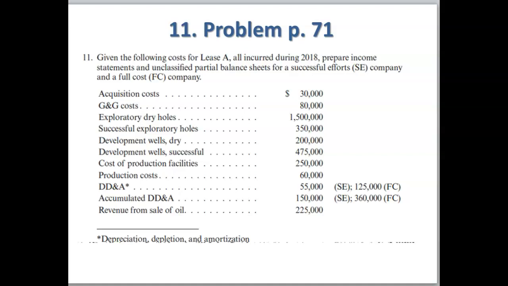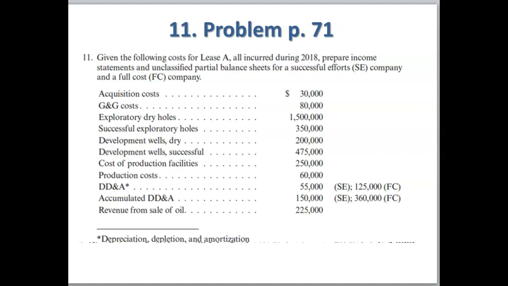You can see we have our listing of expenditures: acquisition costs, G&G costs, exploratory dry holes, successful exploratory wells, developmental wells that are dry, developmental wells that are successful, cost of production facilities, production costs, and our DD&A amounts. You can see they're different between the two methods. As we discussed, it would be higher with full cost because you have a higher asset base. You have accumulated DD&A and the revenue from the sale of your oil.